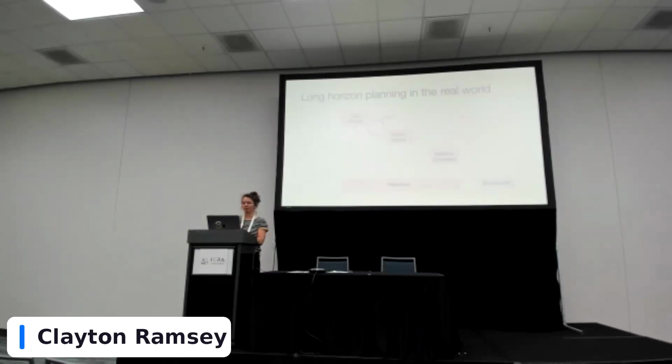First of all, I wanted to mention that in my lab, we've actually done a whole line of work on long horizon planning in the real world through task and motion planning methods. Here's a very abstract version of a system that we would need for this kind of long horizon planning.